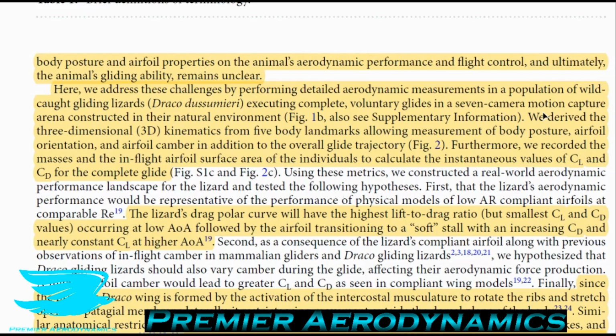Also, they say at low angles of attack you have the highest lift-to-drag ratio. Why is that? The reason is that with almost every regular airfoil out there, not the exotic ones like delta wings, low angles of attack is where you get the best lift-to-drag ratio, because that's where you're producing a good amount of lift but not much drag. The reason is you're not really taxing the flow too much.